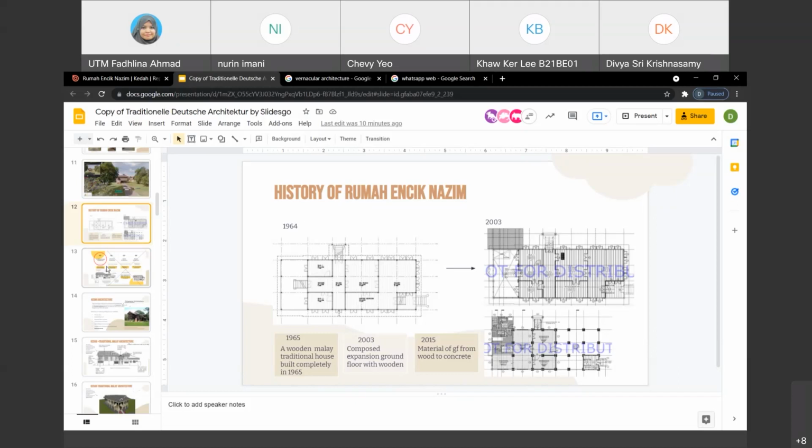But you still can get the plan, right? So you need to put both plans, because that one is the extension for 2003. They only changed from wood into concrete, the plan is totally the same, but you can still see the cement render, right?